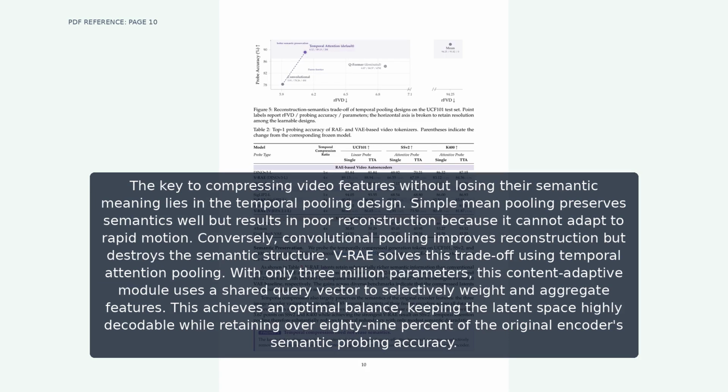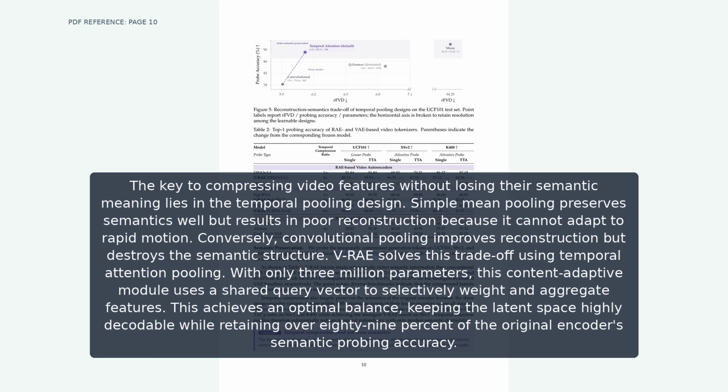The key to compressing video features without losing their semantic meaning lies in the temporal pooling design. Simple mean pooling preserves semantics well but results in poor reconstruction because it cannot adapt to rapid motion. Conversely, convolutional pooling improves reconstruction but destroys the semantic structure. V-RAE solves this trade-off using temporal attention pooling.